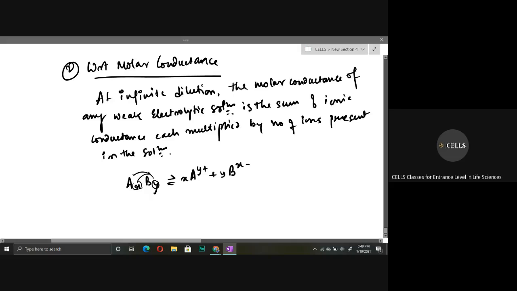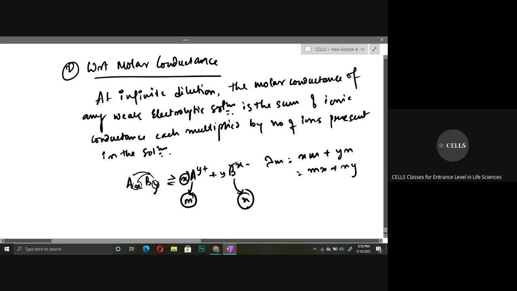This is the ionic conductance of A^y+, and this is the ionic conductance of B^x-. So lambda m will be the number of ions into their ionic conductance, mx plus ny.